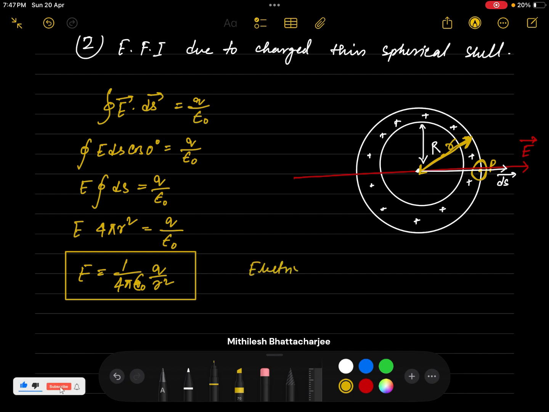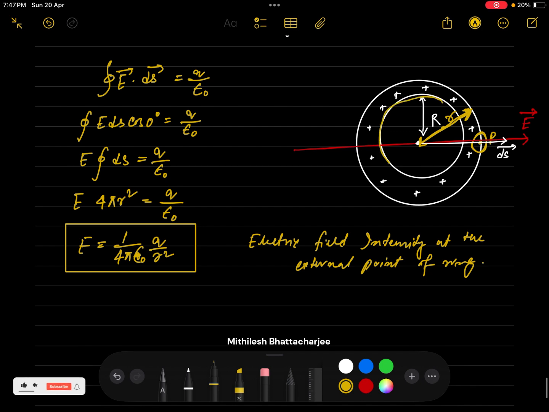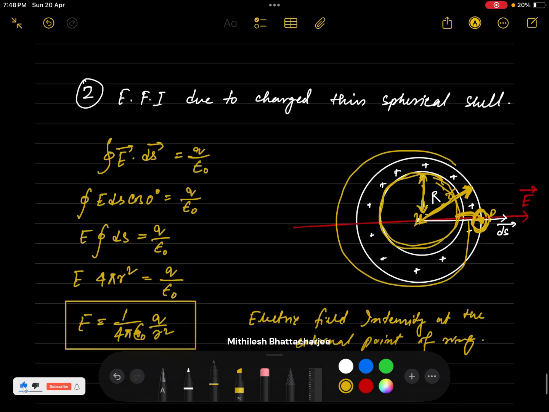This is the shell of radius capital R, and we consider a Gaussian surface outside of it, and we find the electric field intensity outside of the shell.